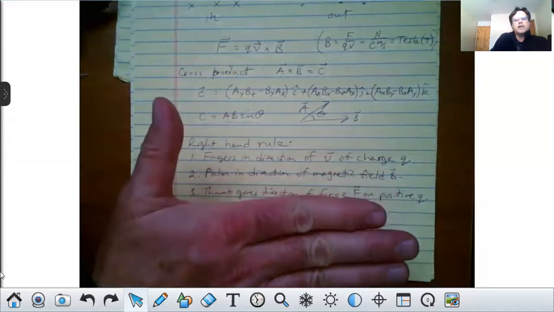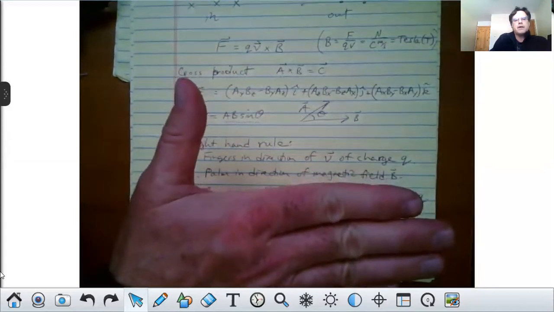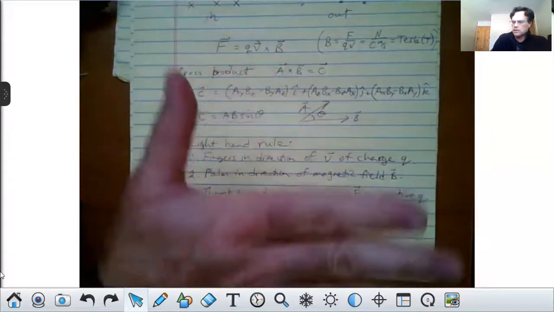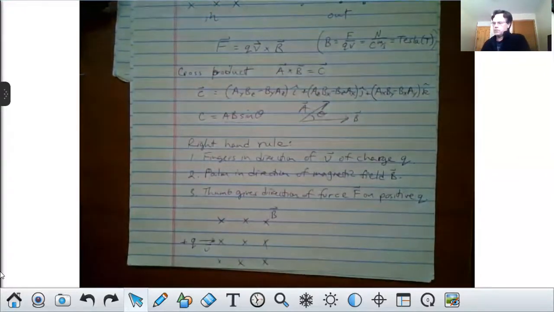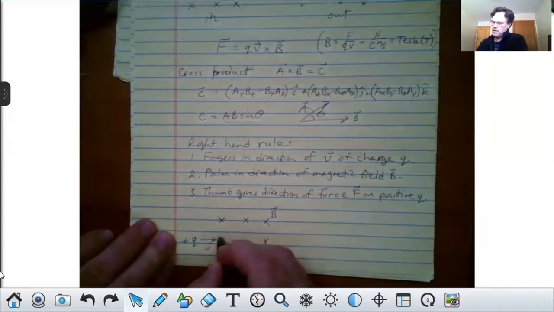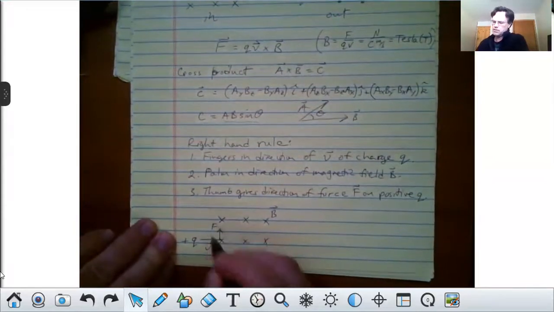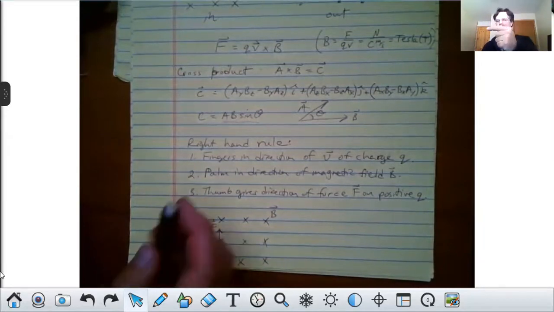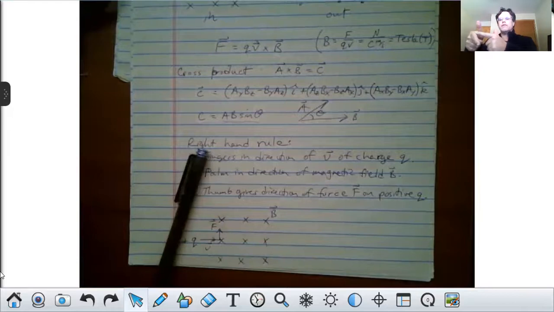Then the third step is that for a positive charge, my thumb gives the direction of the force, or the cross product. So in this case, the force would be upward on my positive charge. Now it's at 90 degrees to both V and B. That's always the case, so it's always a 3-dimensional thing. You've got V going one way, B going another, and the force going the other way.